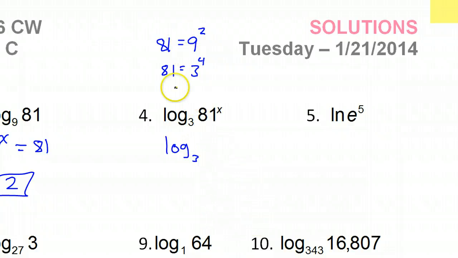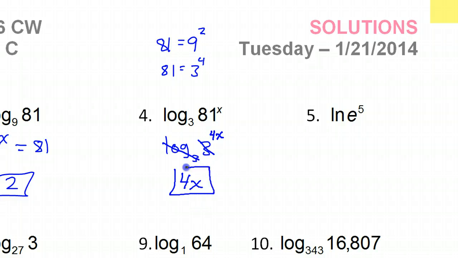Because if I write this 81 as 3 to the fourth power, then I've got this x sitting here, right? But this log base 3 and base 3 undo each other, and I'm left with just the 4x. So that is the easiest thing to do.